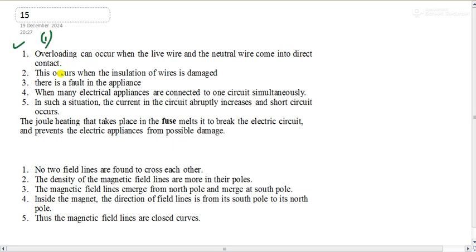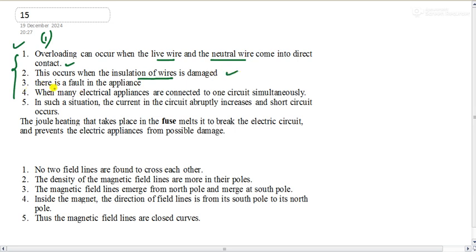Overloading, how can it happen? You have to explain. We have many different points. If you write 3 or 4 points, that's enough. Overloading can occur when live wire and neutral wire come into direct contact. First point. It can also occur when insulation of wire is damaged.